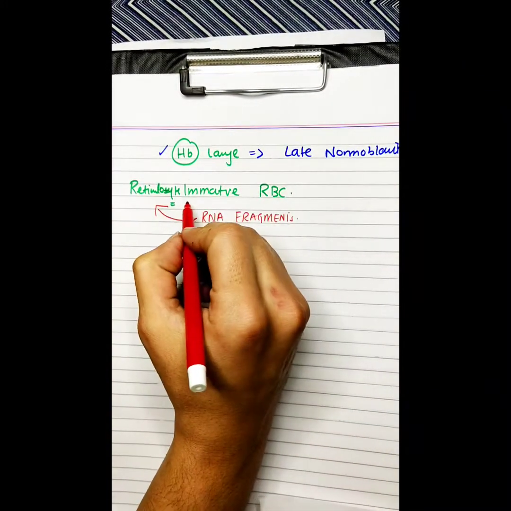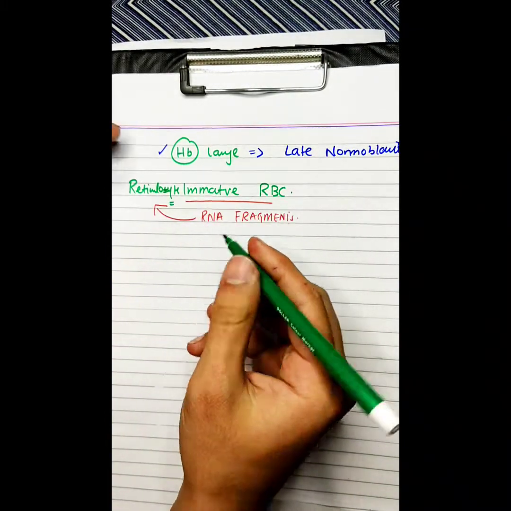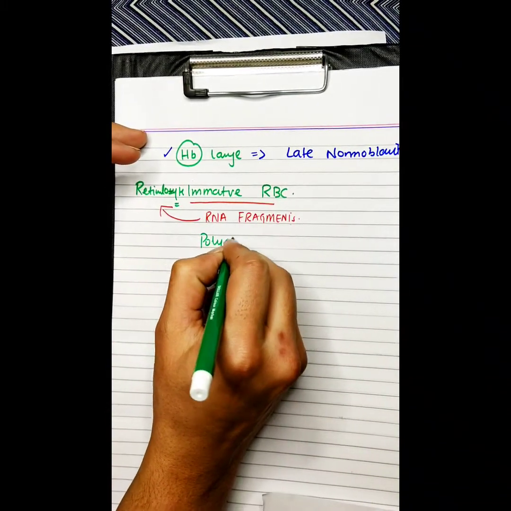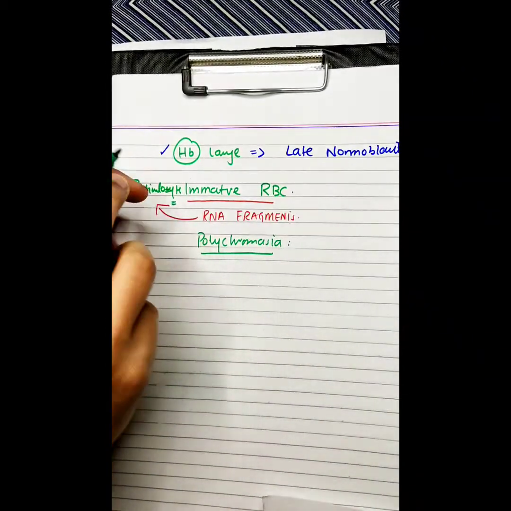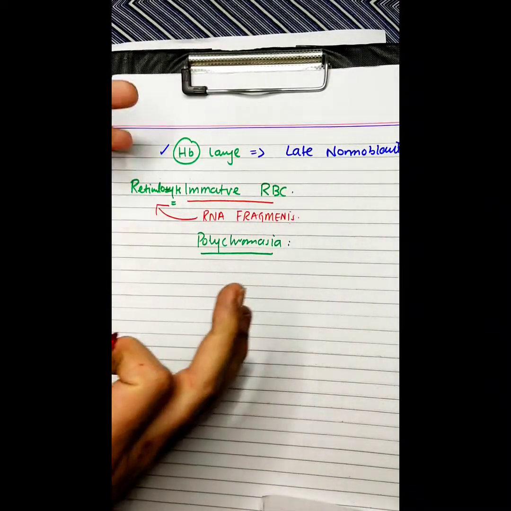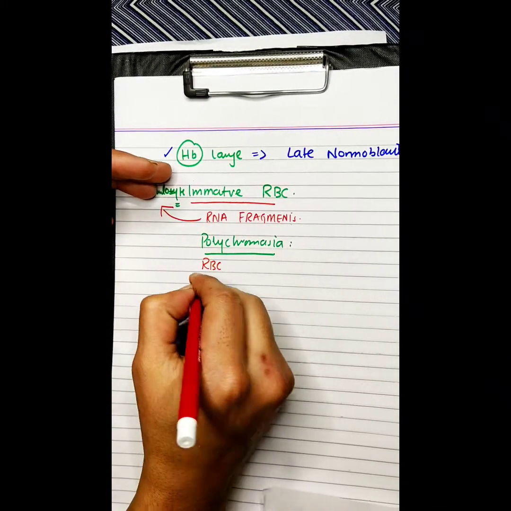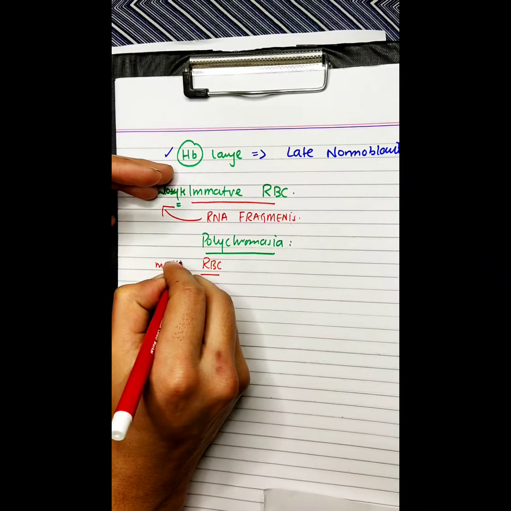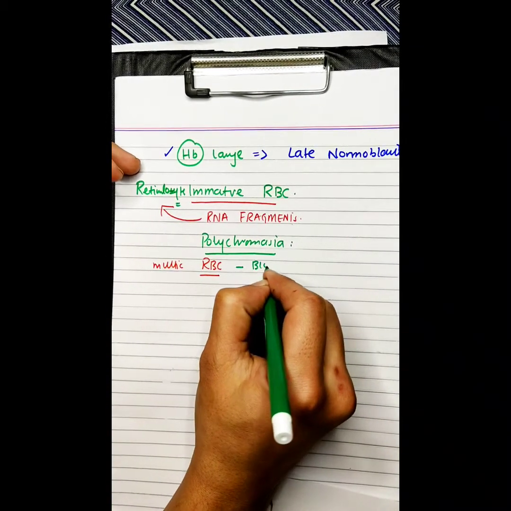And when the immature RBC is released, it is called polychromasia. Why? Because there are different stains, multicolored RBC, which you see under the microscope in the blood smear.